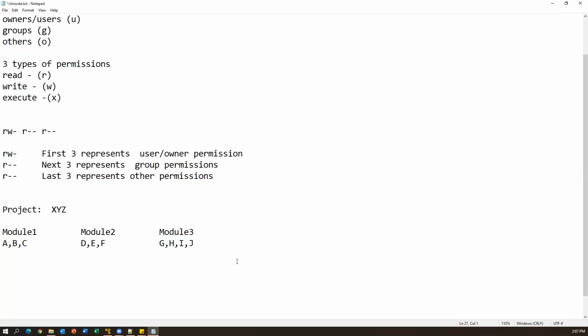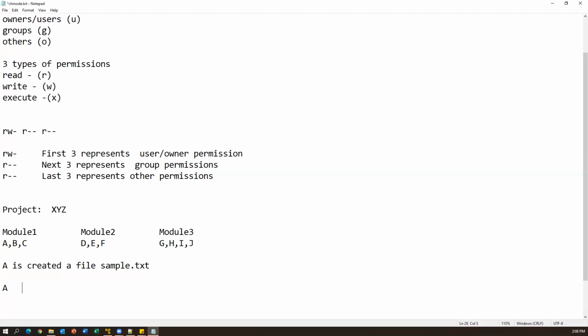Now let us assume A is a person who is working under module 1. Let us assume A created a file called sample.txt. Now, if I look at here, who is A?